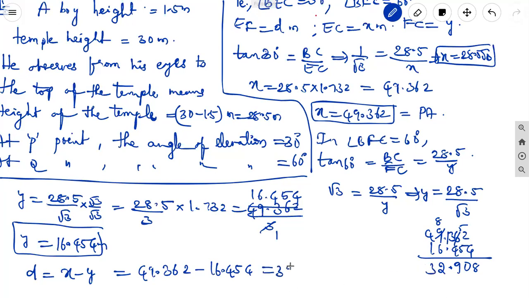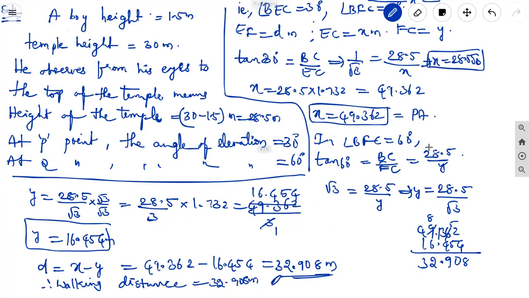This is equal to 32.908 meters. Therefore, what they are asking, the walking distance, is equal to 32.908 meters. It is the answer.